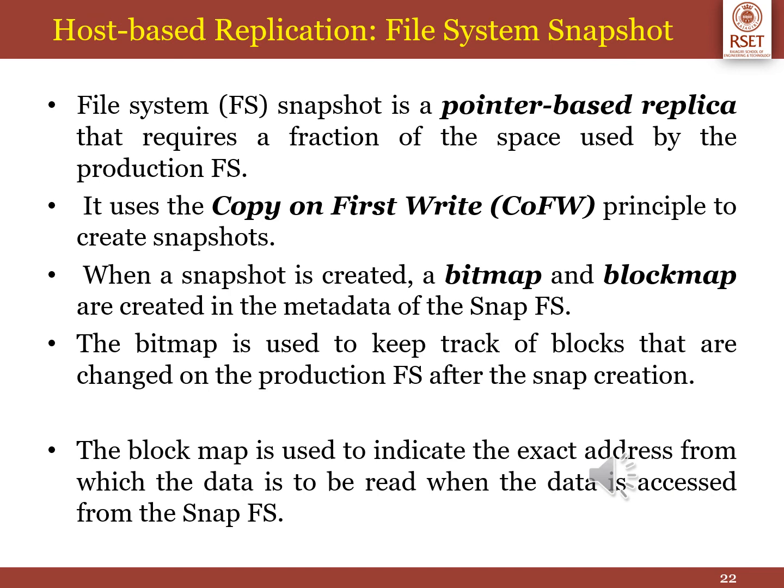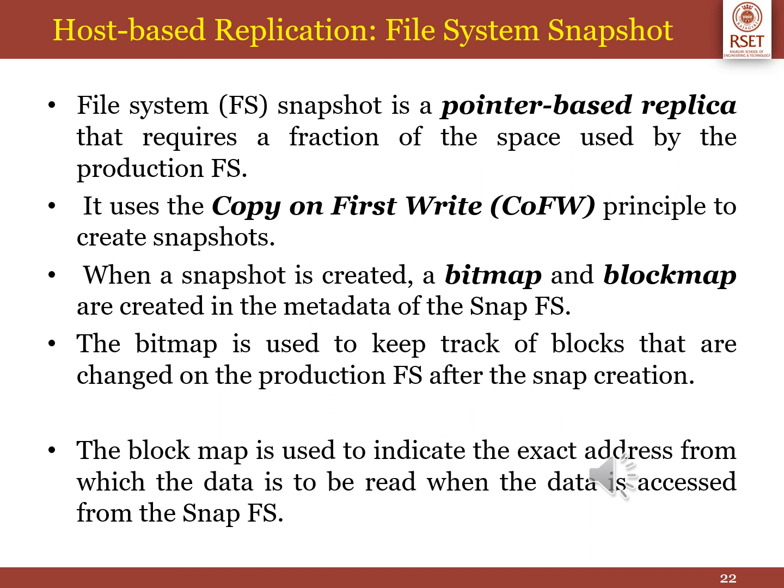File system snapshot is a pointer-based replica. It requires only a small amount of space compared to the original file system. This snapshot can be implemented by either the file system itself or LVM. It uses the copy on first write principle so that when the snapshot is created, a bitmap and block map are created in the metadata of the snapshot file system.